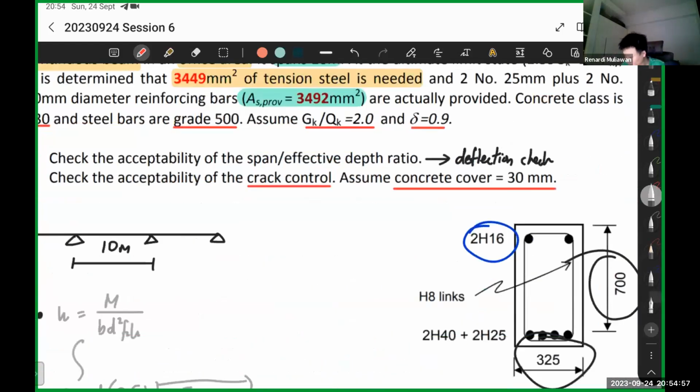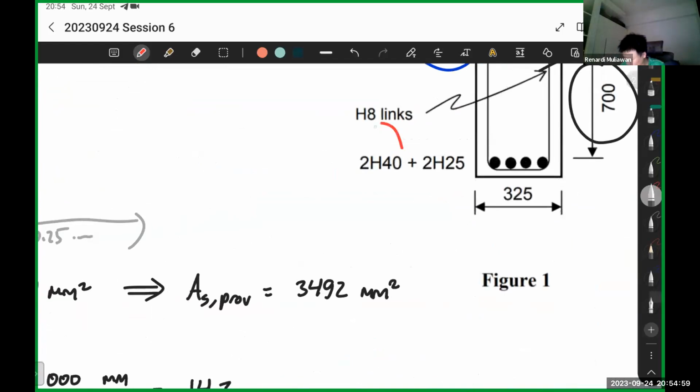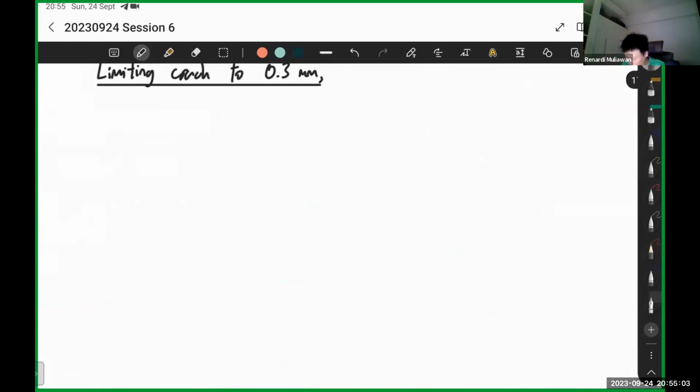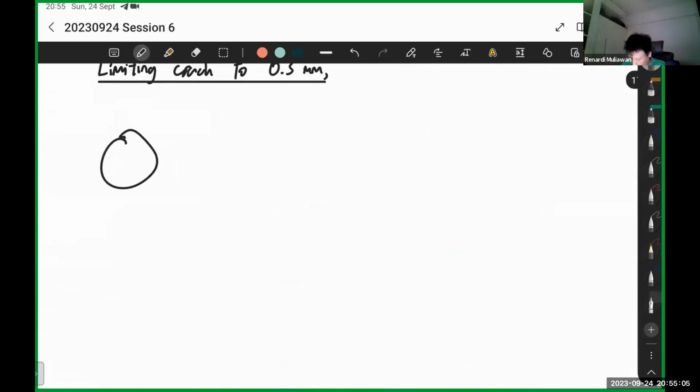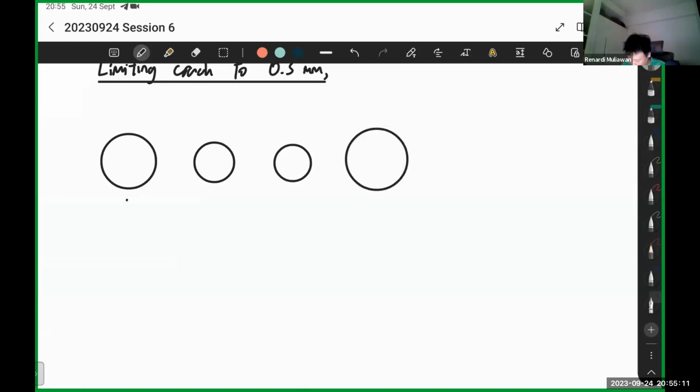So how do we calculate the spacing? We have bars of 40 and 25. This is to the center.